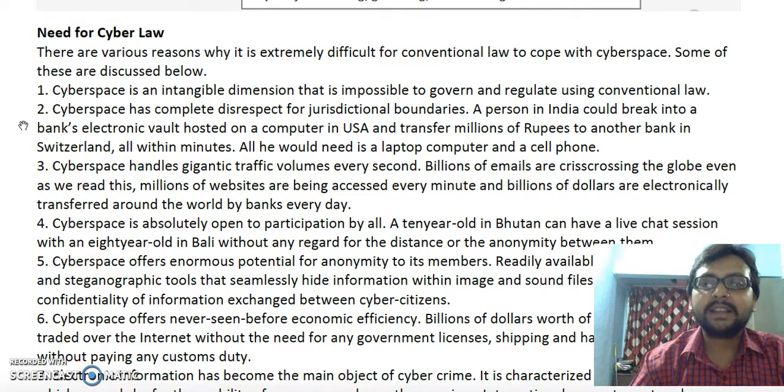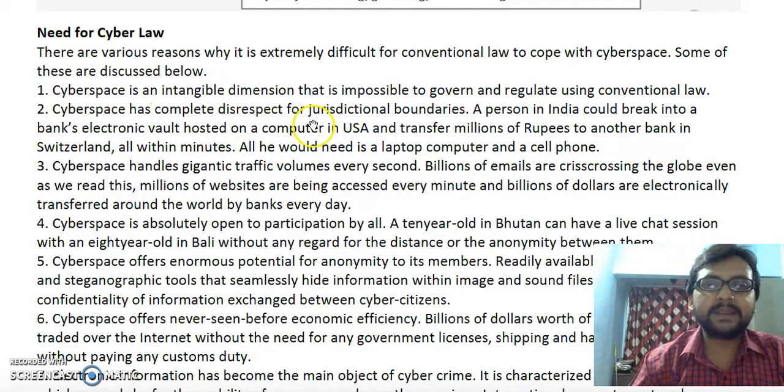So it is a very difficult task. It is a Herculean task to monitor or restrict users from uploading obscene or pornographic material.